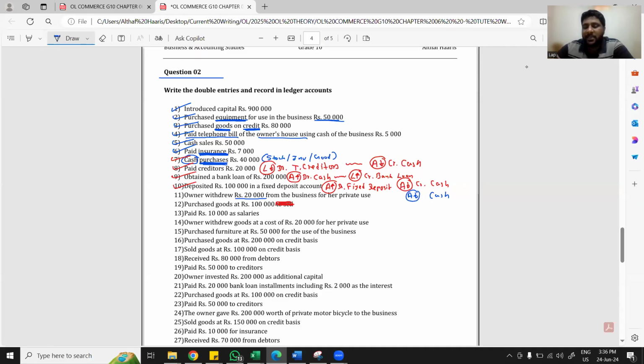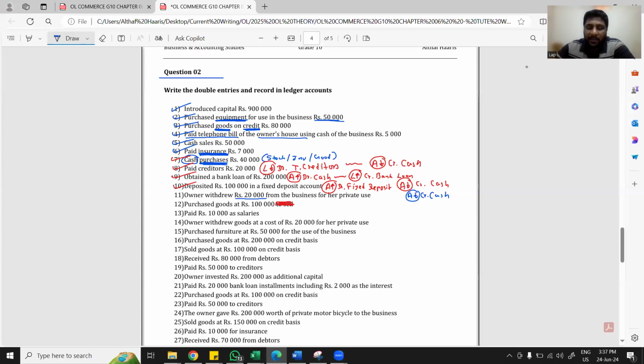So asset decreases is a what record, people? Everyone tell me. It's a credit or debit. Credit. Asset decreases is a credit record.